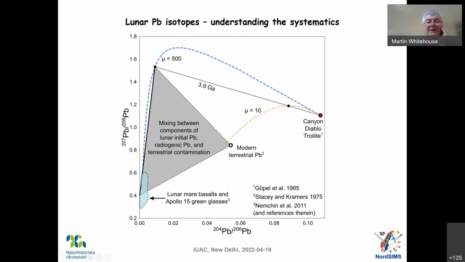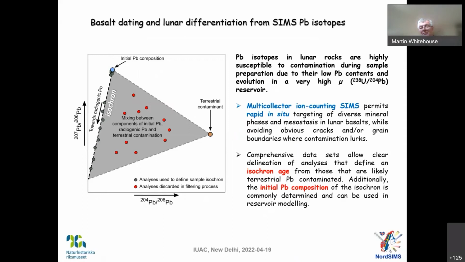And this is where SIMS comes in, because by using SIMS, we can avoid the places where the terrestrial common lead typically sits, and that is in cracks and grain boundaries. When you polish a sample, it doesn't matter what you do, it's unavoidable that you will get common terrestrial lead sitting in grain boundaries and cracks.